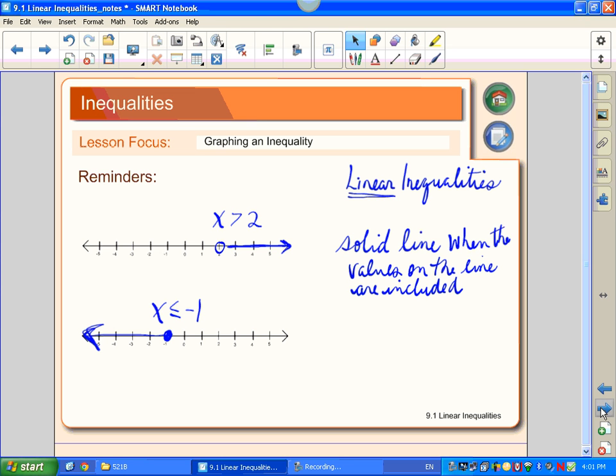Well, what does that look like? That would be a less than or equal to, or a greater than or equal to. So it has the "or equal to" part. We're going to have a slotted line, that's what I call it. Some people call it a dotted line, a dashed line, slotted, dotted, when the values on the line are not included.